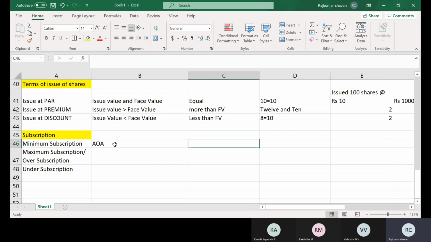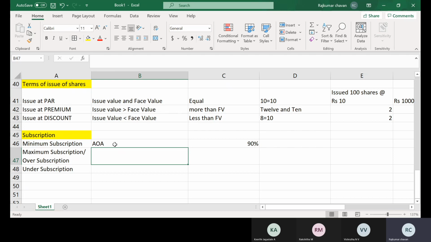Shareholders should subscribe at least the minimum per the articles of association, say 90%. So 90% is called minimum subscription.